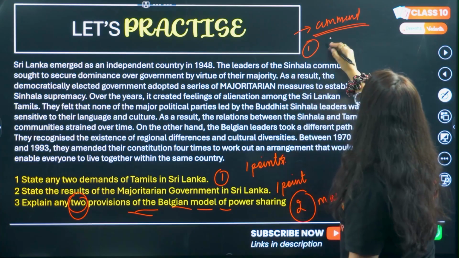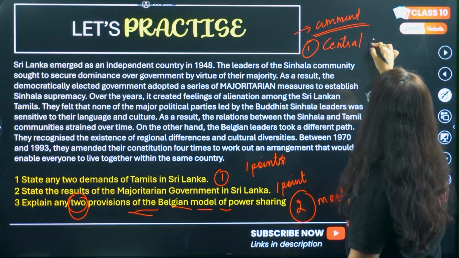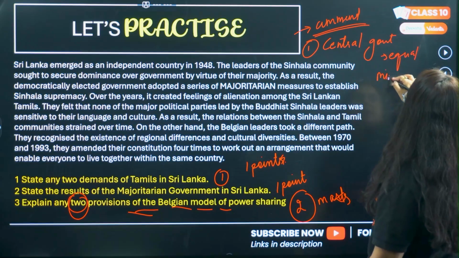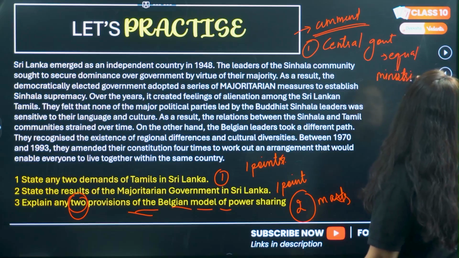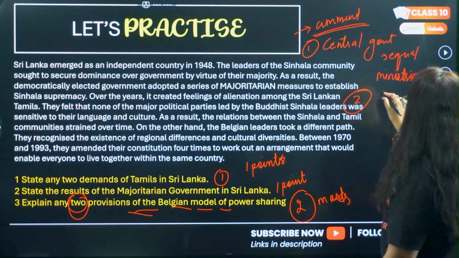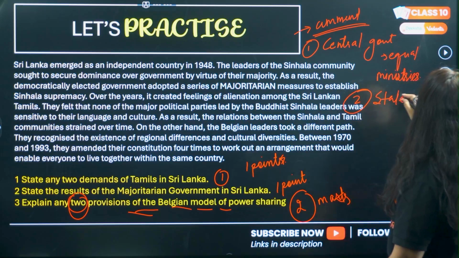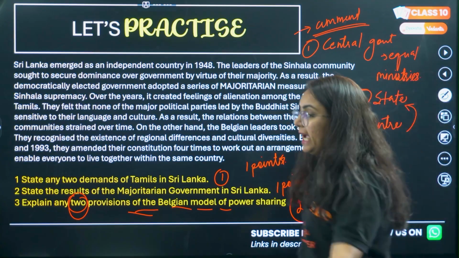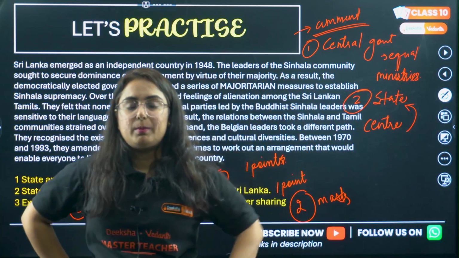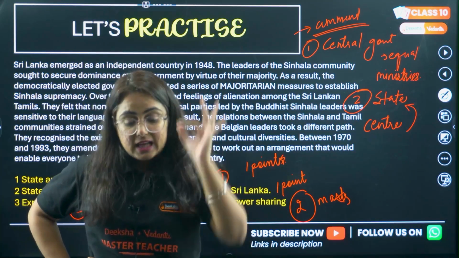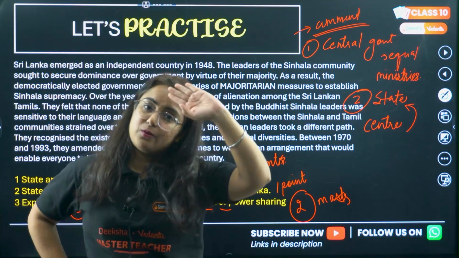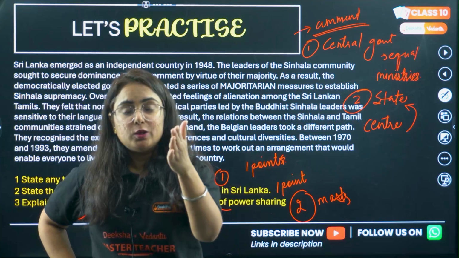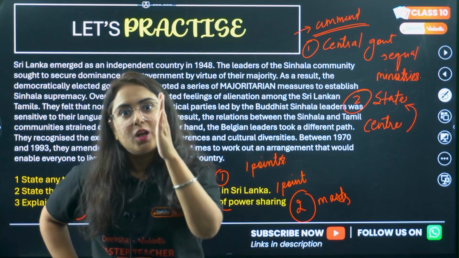What they have done, in the central government, there will be equal ministers from both the communities, French and Dutch. And the second point will be that the state government was also given powers by the central government, so that the state government is no longer subordinate to the central government, and that's it. And that's how you secured your 12 marks for your SST exam. So out of 80, 12 is secured. Now what you need to prepare is for 68. Got my point or not?